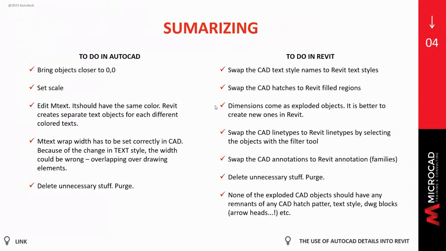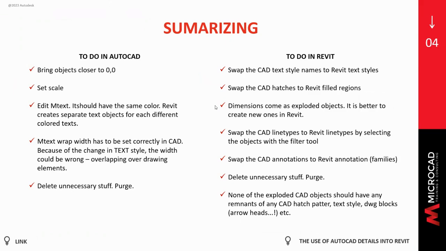We have to edit the text. It should have the same color because Revit creates separate text objects for each differently colored text. And text width has to be set correctly in CAD, because of the change in text style the width could be wrong, overlapping, or overdrawing elements. You also have to delete unnecessary stuff in AutoCAD. You have to purge prior to bringing the CAD file into Revit.